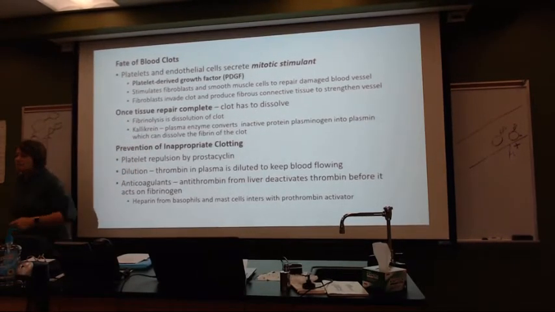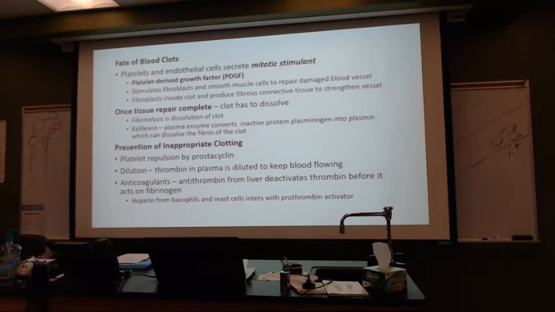Our body, under normal conditions, when there aren't any problems, has a way to keep all of these parts from clotting. And it goes back to how the vessel itself is lined by prostacyclin, because that basically repels platelets.